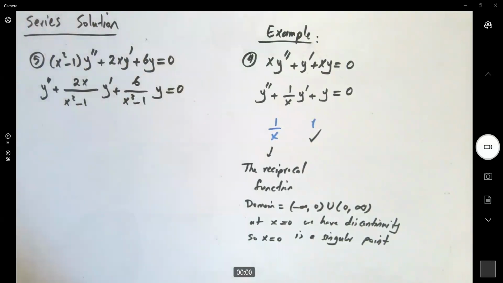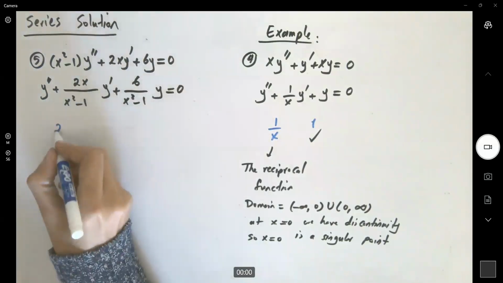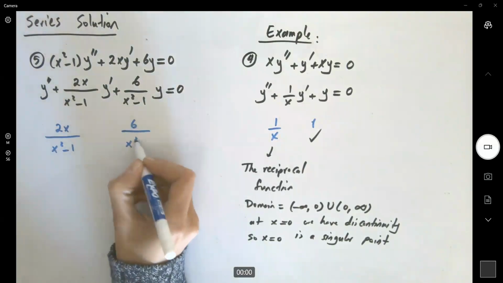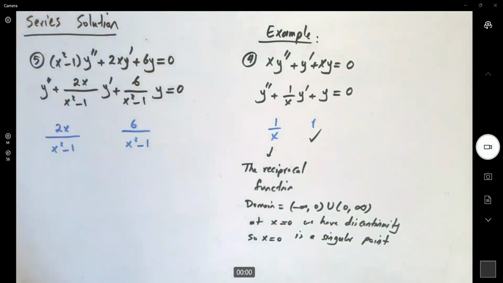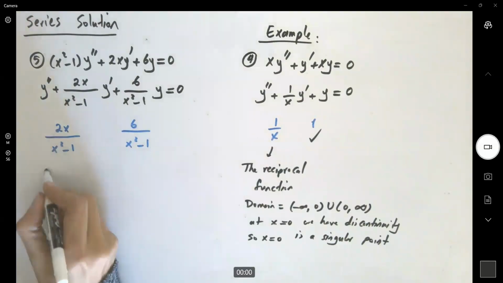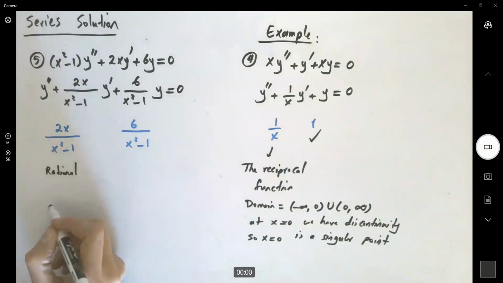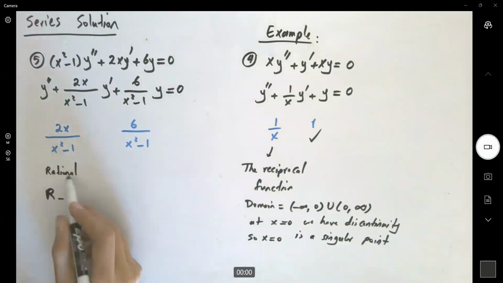So the functions that we're dealing with are 2x over x squared minus 1 and 6 divided by x squared minus 1. As you can see, here we have a rational function, and the domain is going to be R, all real numbers minus the solutions of the denominator.